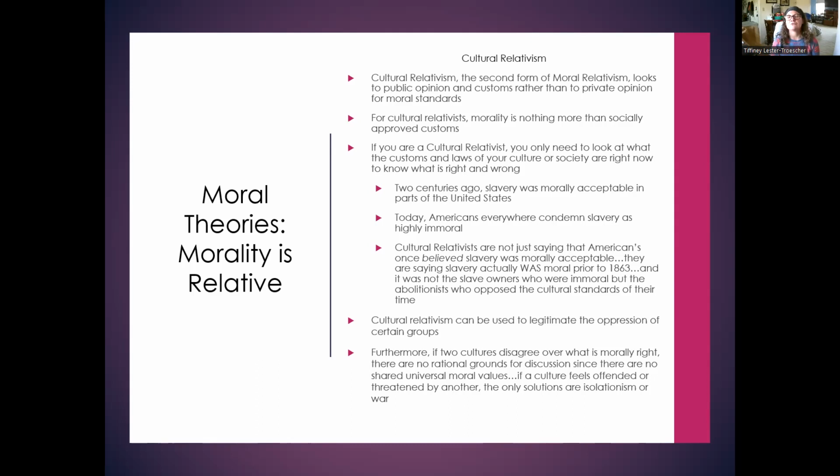They're saying slavery actually was morally acceptable prior to 1863 because it was the cultural norm. And it was not the slave owners who were immoral, but the abolitionists. The abolitionists were the immoral ones because they were the ones opposing the cultural standards of their time.